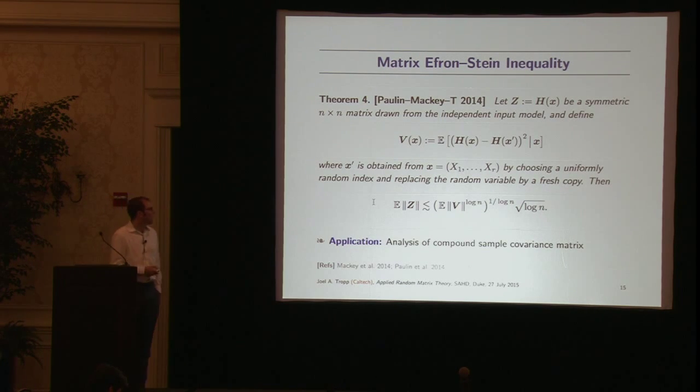Now, this can be applied to study compound sample covariance matrices, and I'm actually not aware of another approach to this problem aside from this tool. Again, this is a relatively new result, and it hasn't really seen very much application yet, but because of the generality, it applies to a huge variety of examples that may not be accessible to other methods. On the other hand, it's a little bit of a pain to get your hands on this quantity and to understand it.